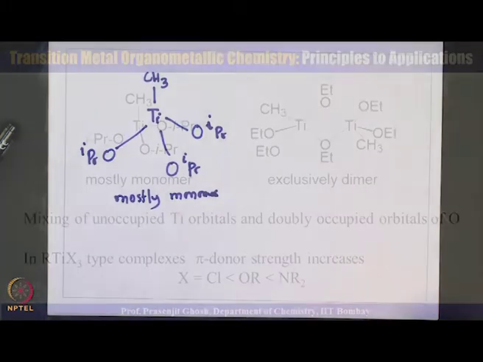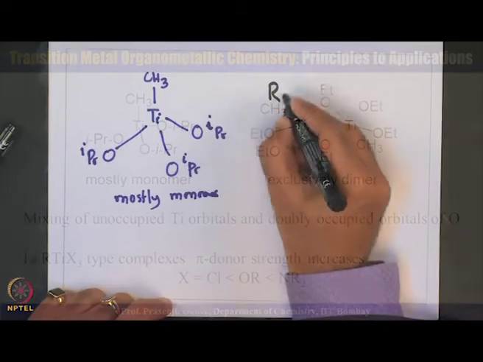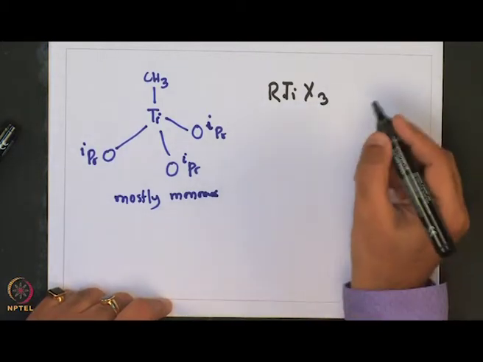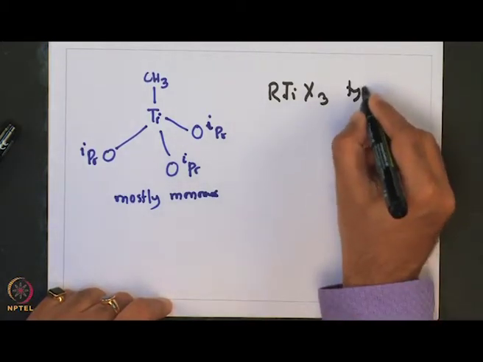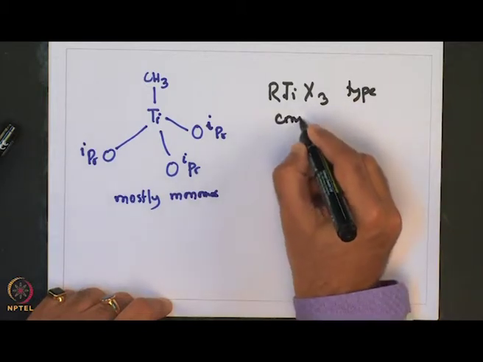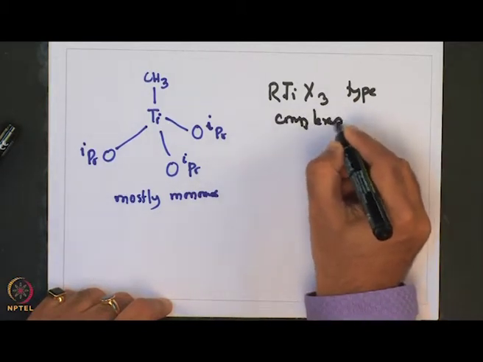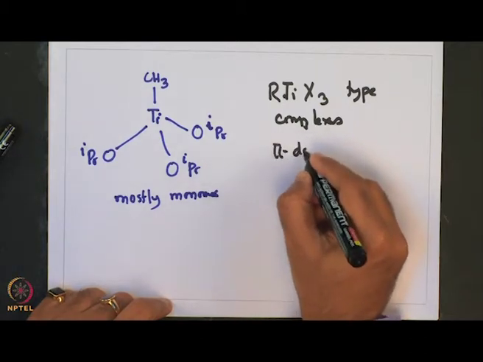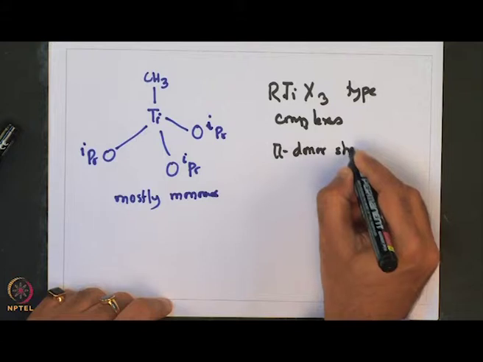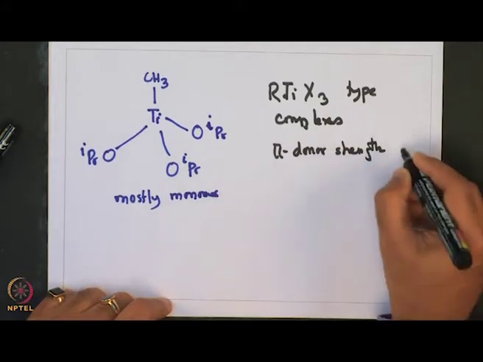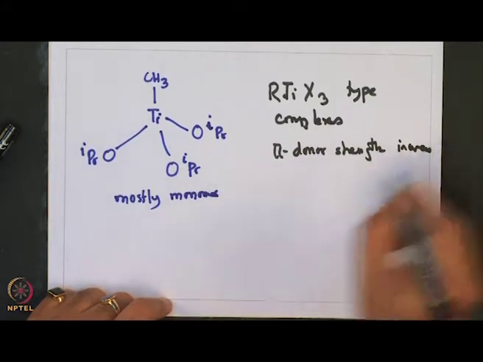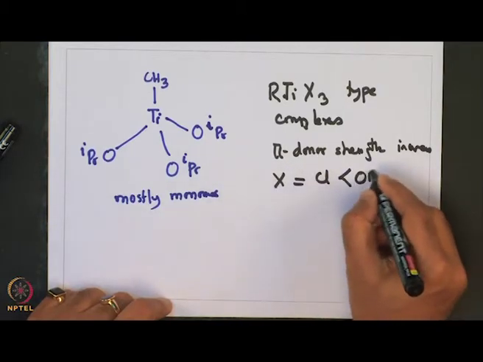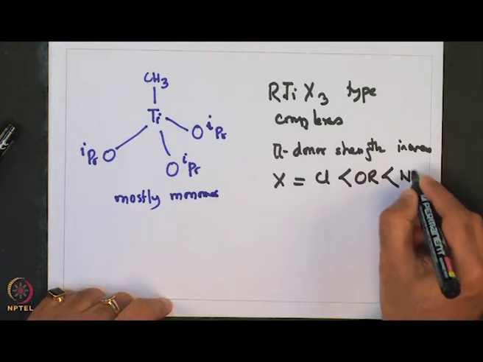Now, for this kind of R, Ti, X3 type complexes, the pi donor strength increases along X being chloride less than OR less than NR2.